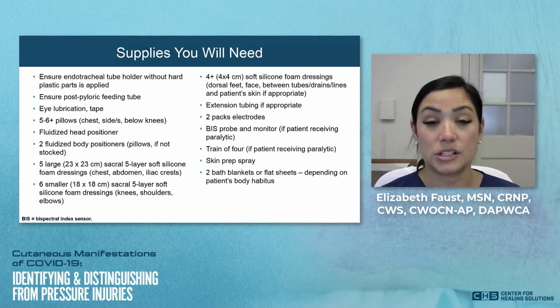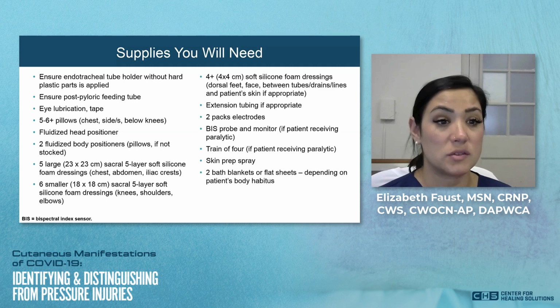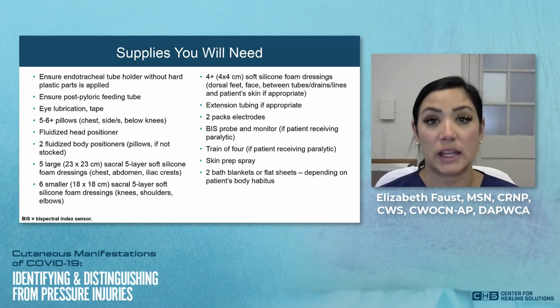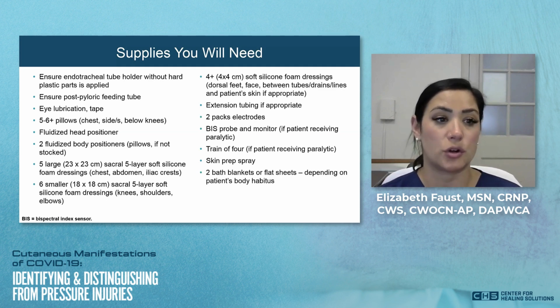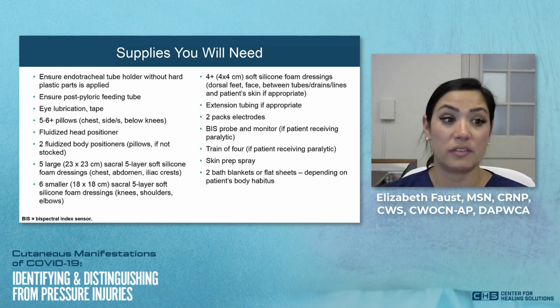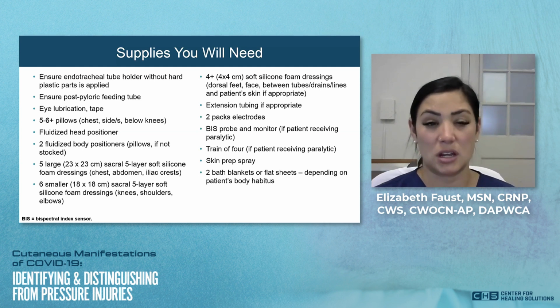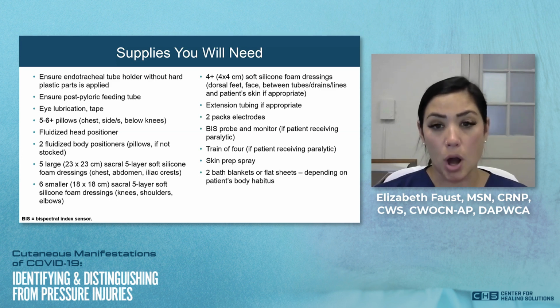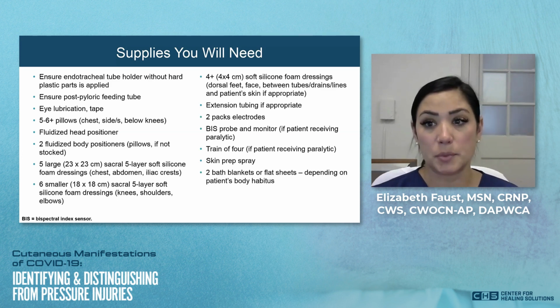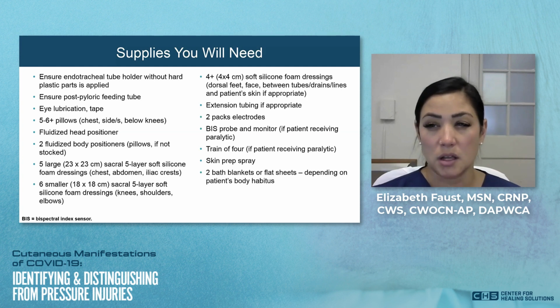I strongly encourage a silicone tape for over the eye so that medical adhesive-related skin injury shouldn't be a concern. We had usually 5 to 6 pillows, and it all depends, again, on the size of the patient. Patients with a more prominent pannus or abdomen, a rounded abdomen, required slightly more pillows.